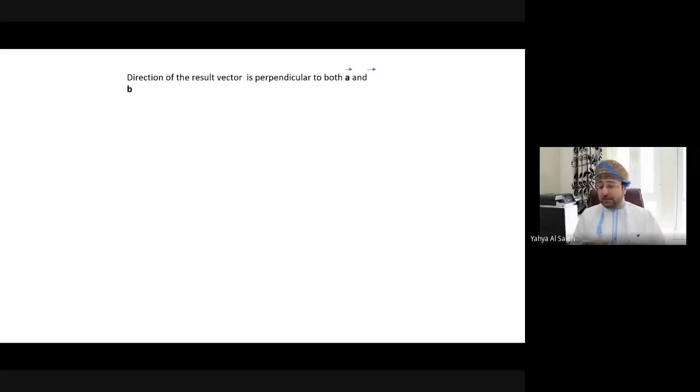Yes, A and B, I'll come to it in a second. The order of A and B is very, very important, and I'll tell you why in a second. So usually when we come to multiplication or addition or subtraction, if you remember at the very beginning of the chapter, I told you one of the properties of the dot product or of addition and subtraction of vectors is that they're associative and commutative.